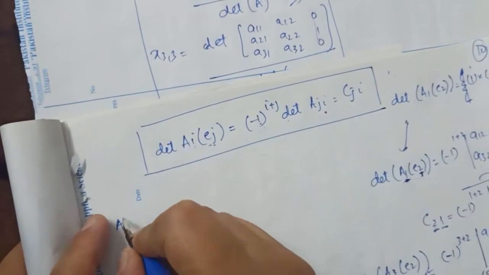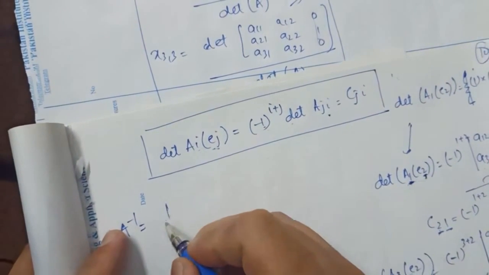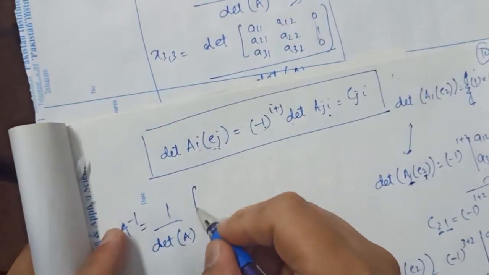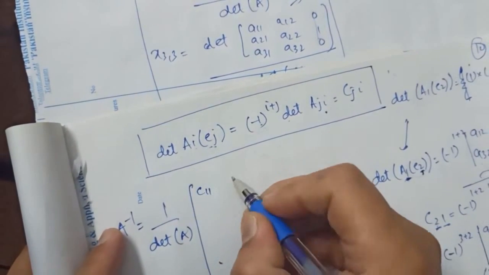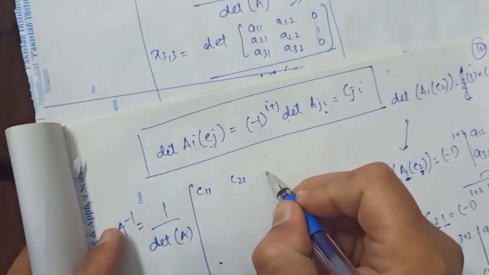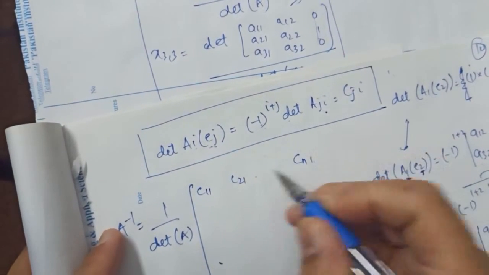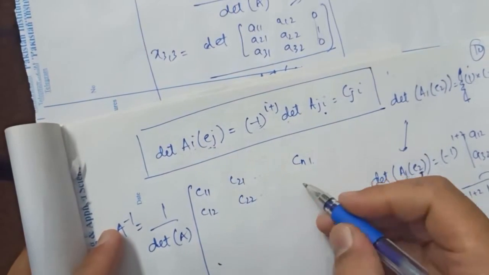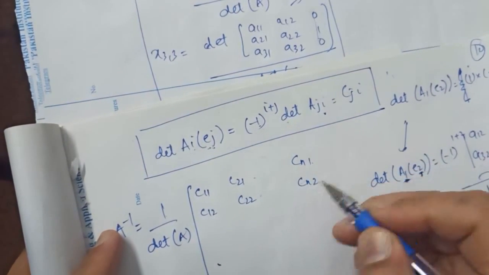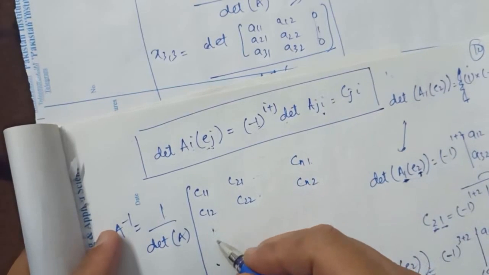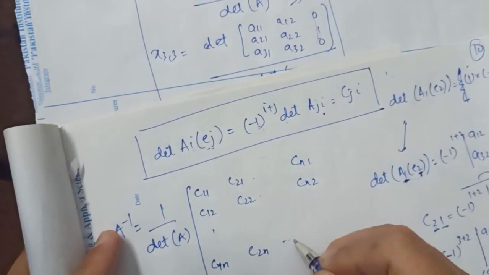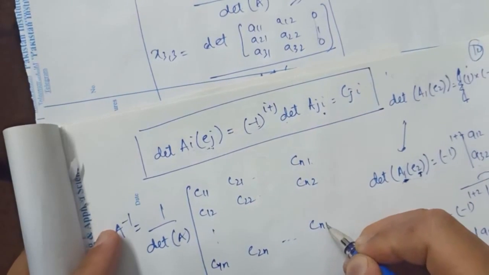I can expand this in a form that is quite easily comprehensible: C11, C21, Cn1, then C12, C22, Cn2, and C1n, C2n, and again Cnn.